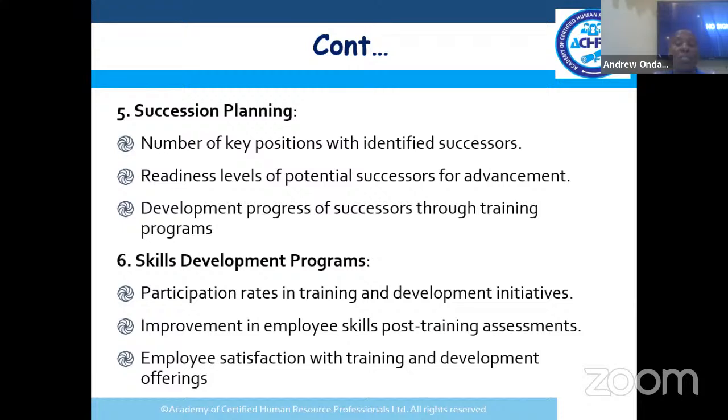But the first casualty which usually is affected when we are implementing austerity measures is training. However, this should not be a limiting factor. As long as we have adequate programs and budget for training, we are able to prepare these people for succeeding others.